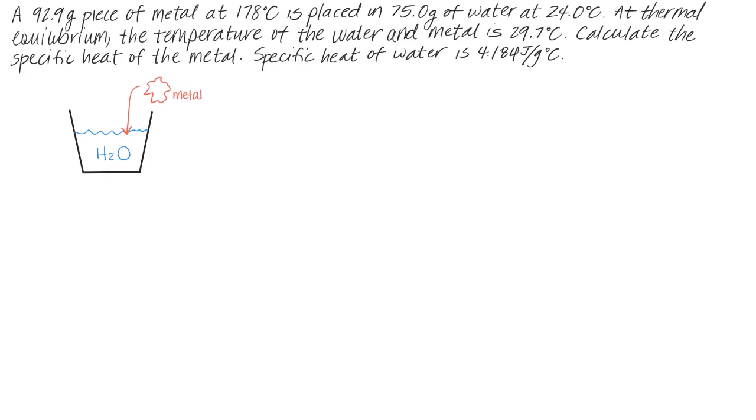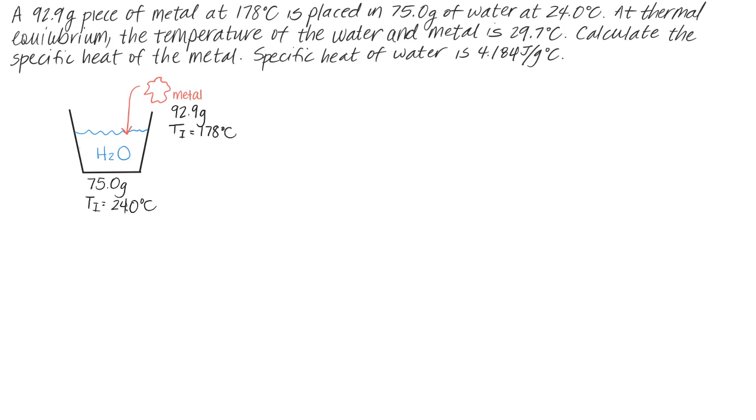First, we have a calorimeter full of 75 grams of water, and the initial temperature of the water is 24 degrees Celsius. We have a 92.9 gram piece of metal, and its initial temperature is 178 degrees Celsius.